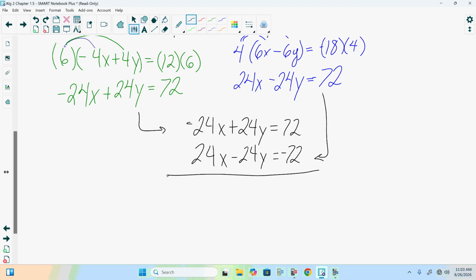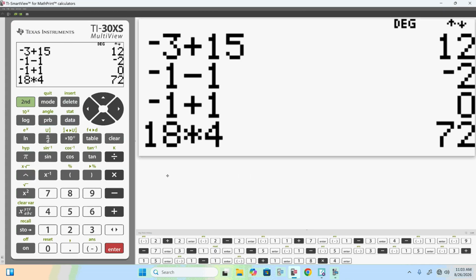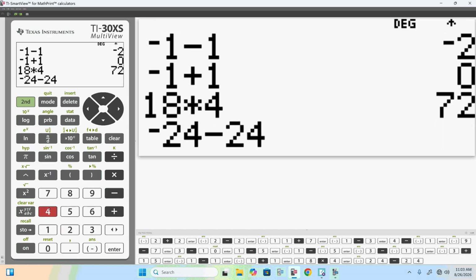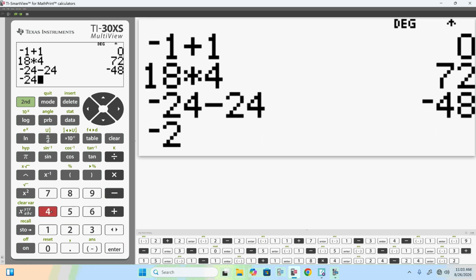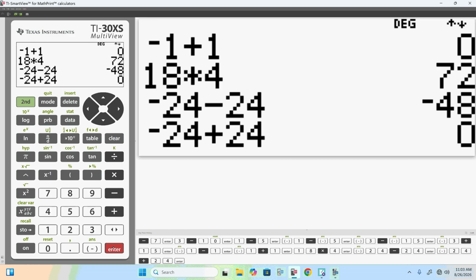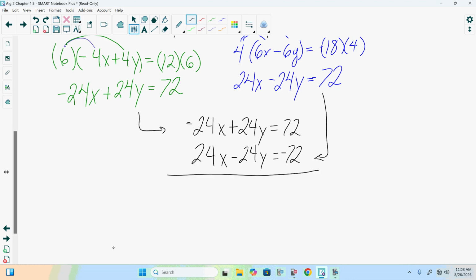So we're wanting to eliminate x, so negative 24 minus 24 is negative 48. Negative 24 plus 24, the signs are opposite, we will add. Now negative 24 plus 24 is 0, that's what we wanted. 24y plus negative 24y. 24 minus 24 is 0 also, yes?